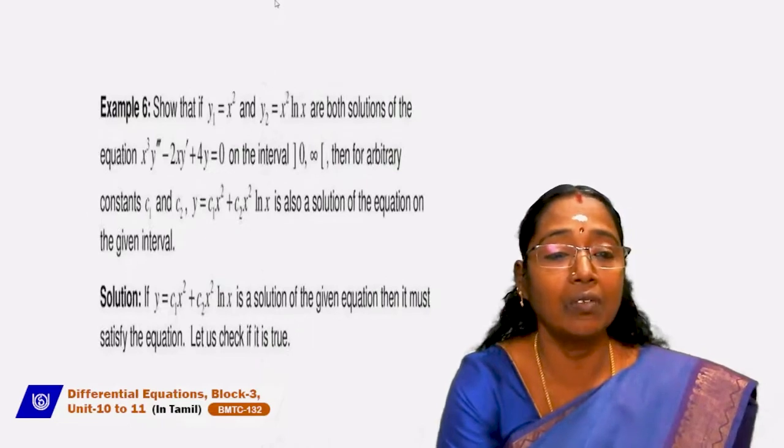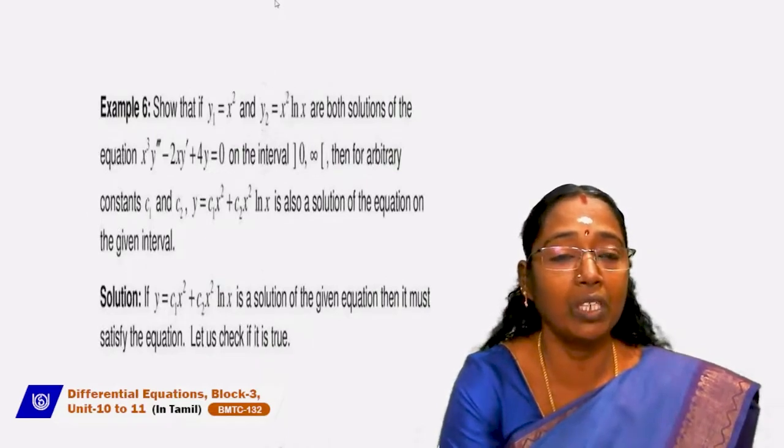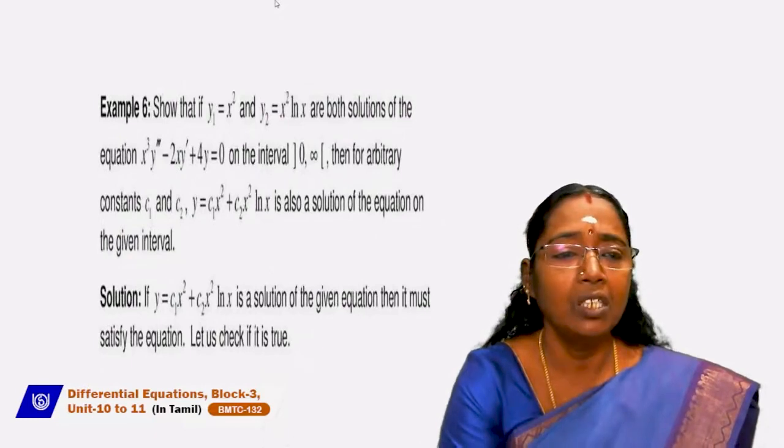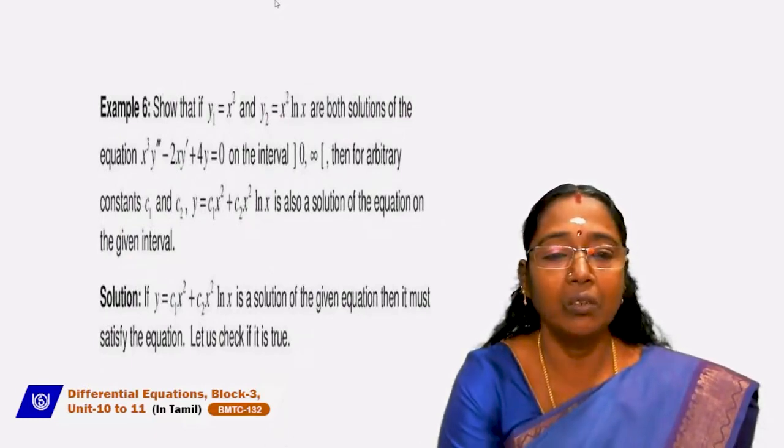So here we have an example: y1 equal to x squared, y2 equal to x squared log x. These two are both solutions, so their linear combination is also a solution of the given differential equation, namely x cube y triple dash minus 2xy dash plus 4y equal to 0 in the interval 0 to infinity.